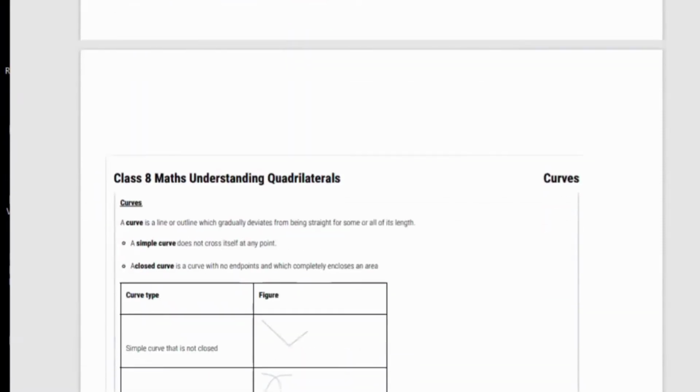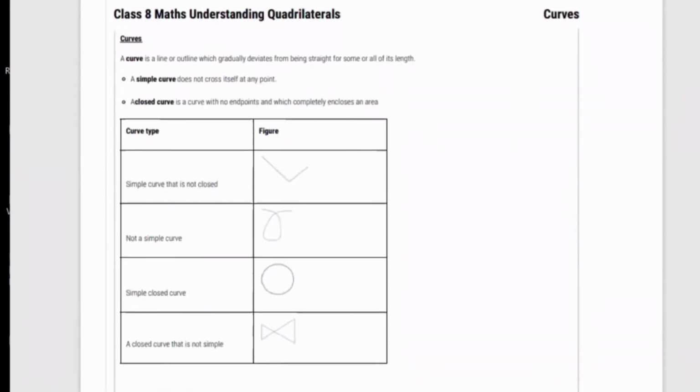Now we have some definitions related to quadrilaterals. First one is curve. What do you mean by curve? A curve is a line or outline which gradually deviates from being straight for some or all of its length. A curve is a line. Basically, a line is also a curve.